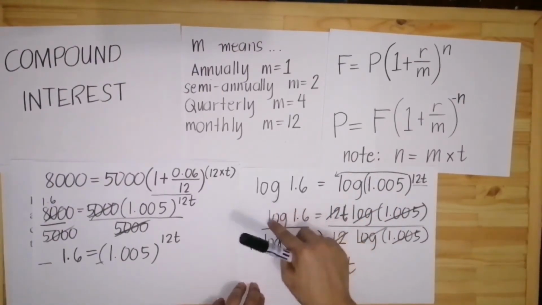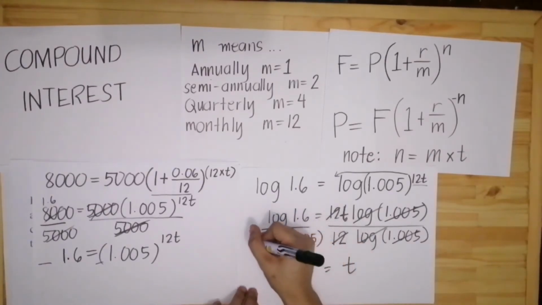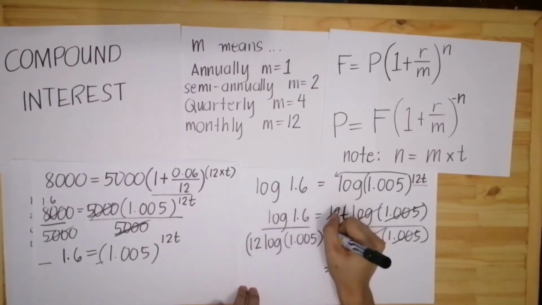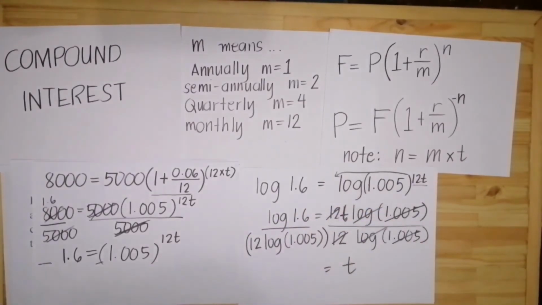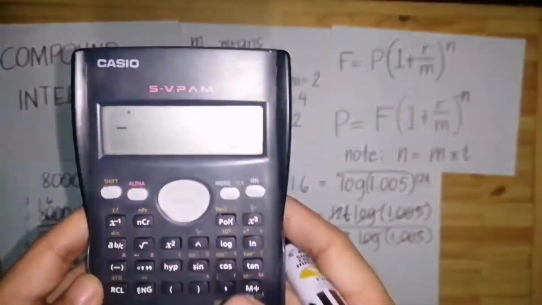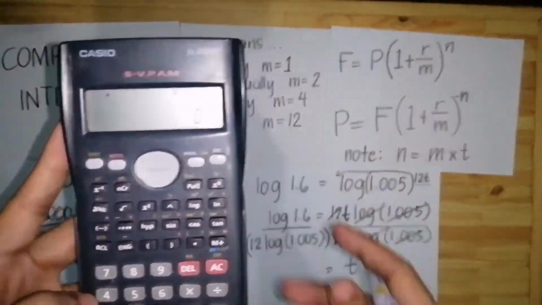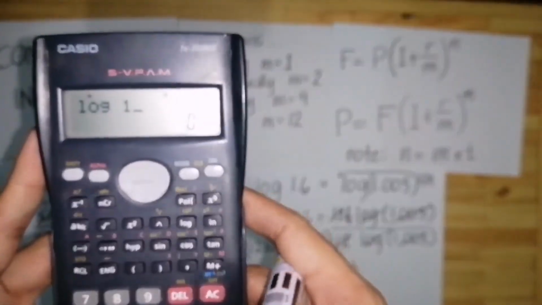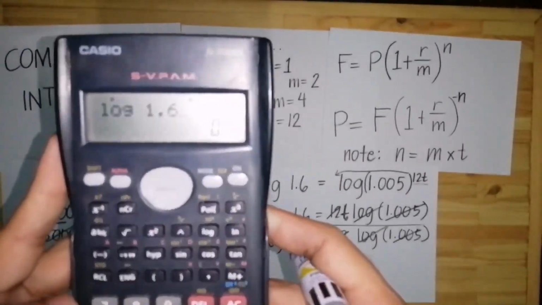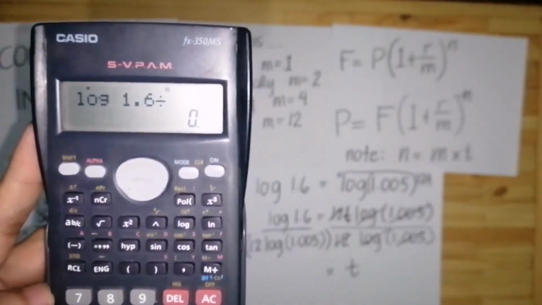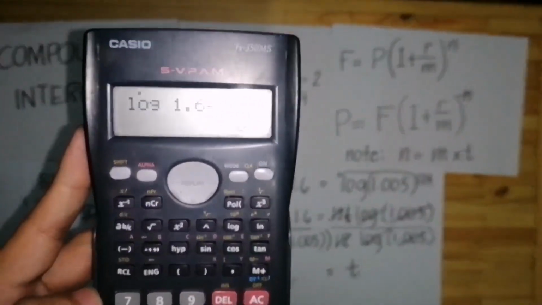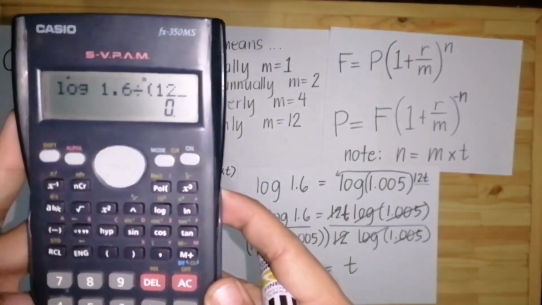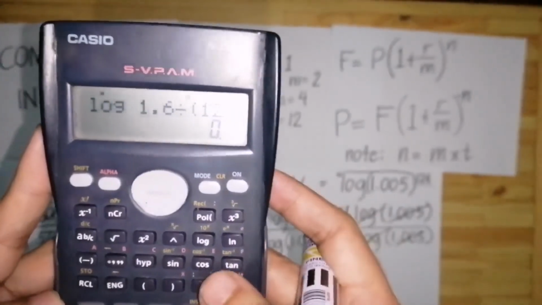So, ito, di-divide mo lang yan. Okay? Lagyan mo lang dito ng malaking parenthesis, para may divide na sa calculator. So, lagay lang natin yung una muna, logarithm 1.6 divided by, lagay tayo ng parenthesis, and then 12 logarithm ulit.